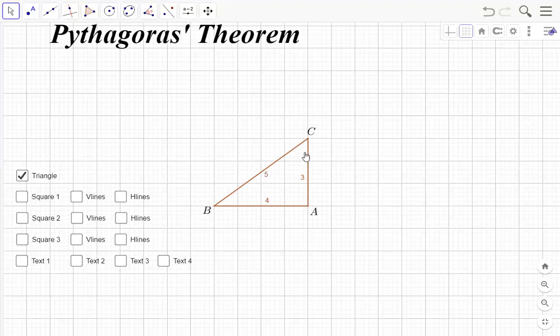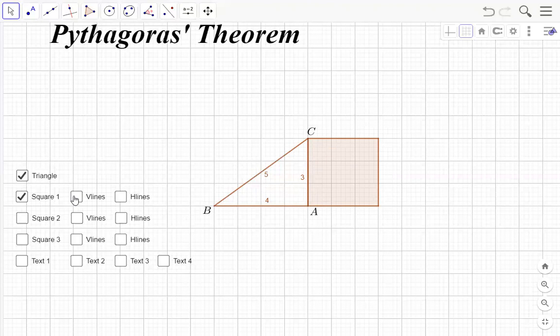Now imagine that we draw a square on the side AC, just like this. The square is of length 3 by 3. Why? Because the length of the side AC is 3 centimeters.